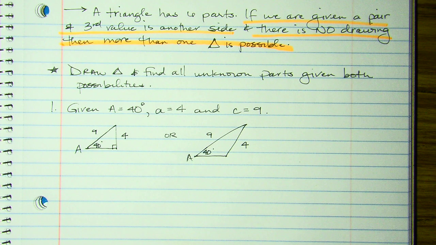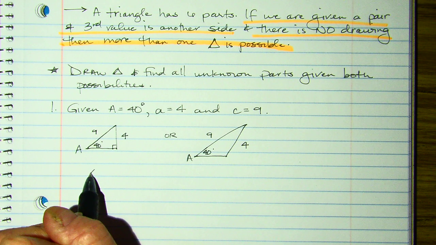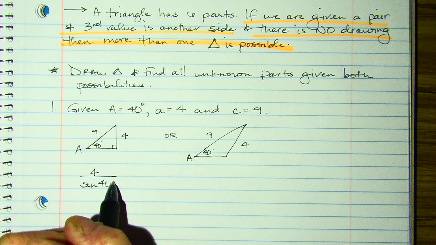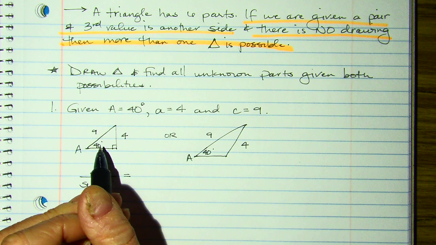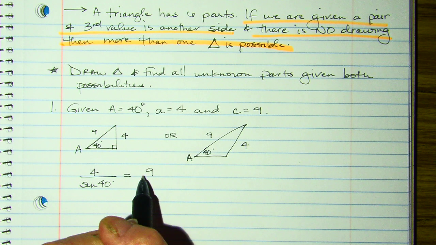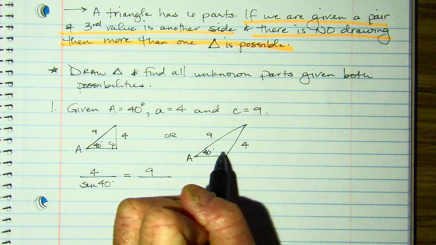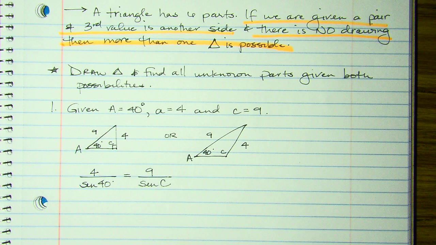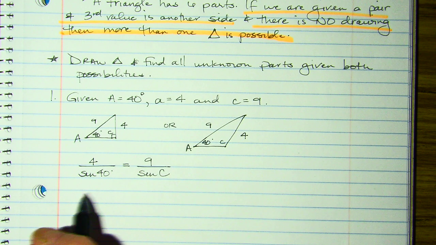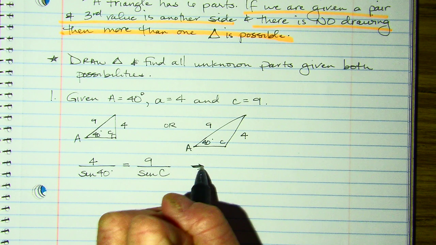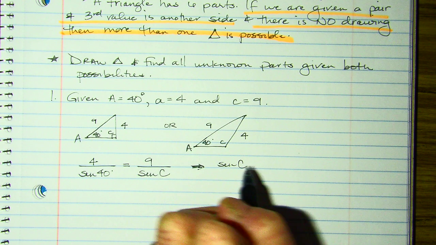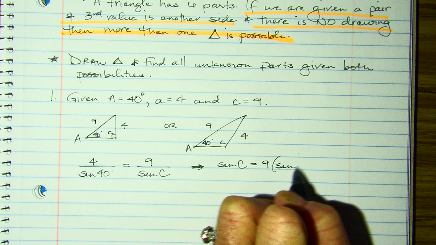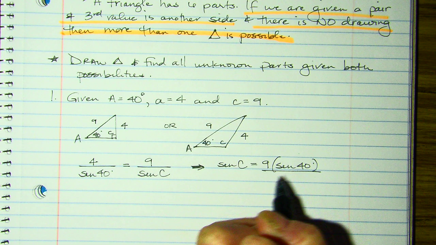So if we start to solve, the 4 over the sine of 40 should be equal in this case to 9 over the sine of angle C. That would tell me that the sine of C is equal to 9 times the sine of 40 degrees divided by 4.